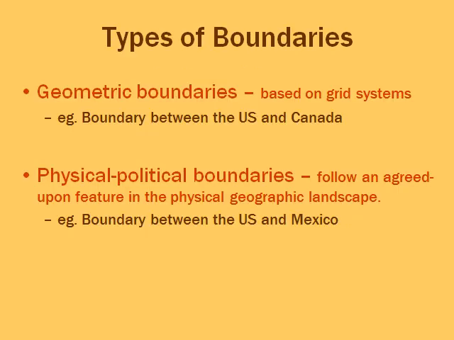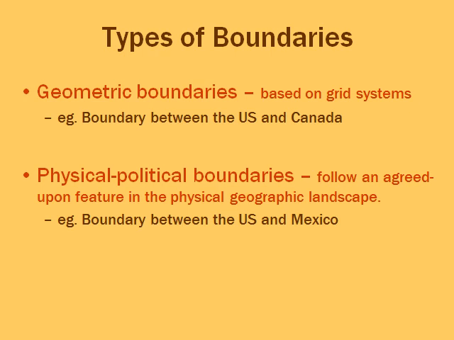There are two types of boundaries, geometric and physical political. Geometric are based on the grid system, so like latitude and longitude lines. And so if you look at a map of the United States and Canada, up until the Great Lakes region, that horizontal line is a latitude line. It is a geometric boundary.